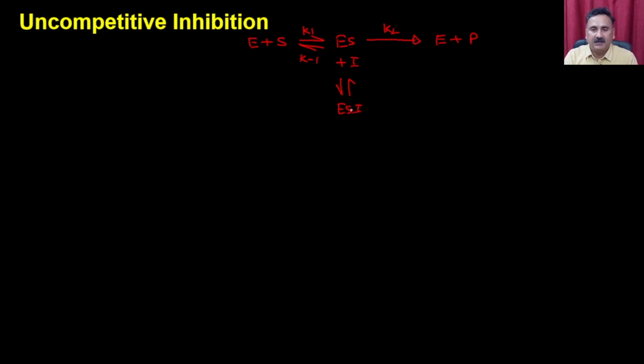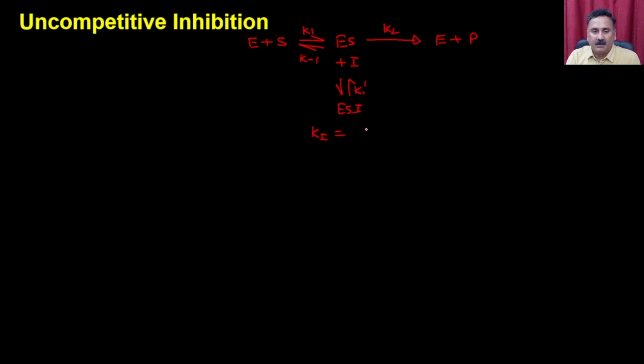And this will not process. This is called Ki prime, because remember that we'll use the same convention. Ki prime we were also using when we were talking about the non-competitive inhibitors.